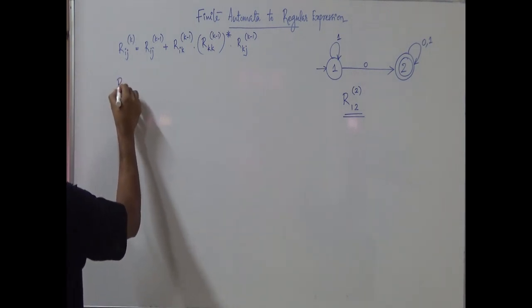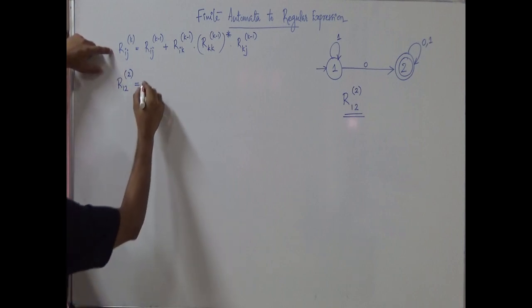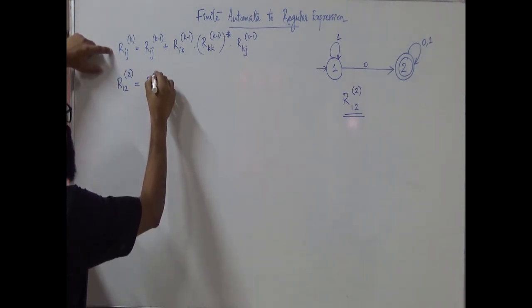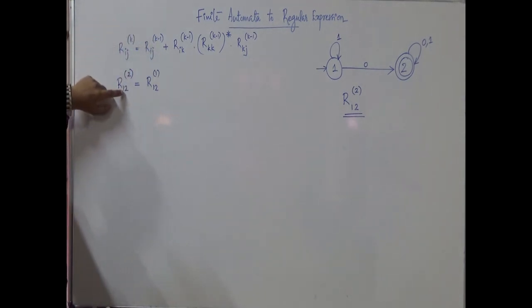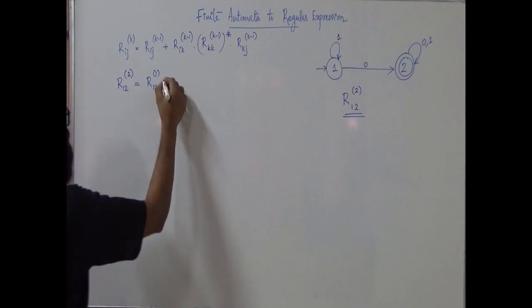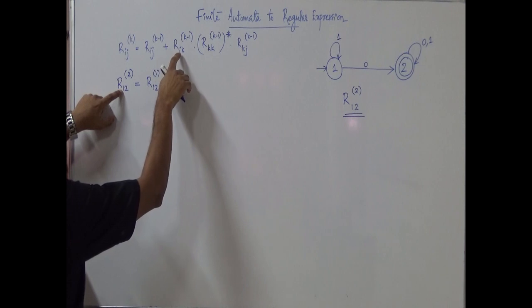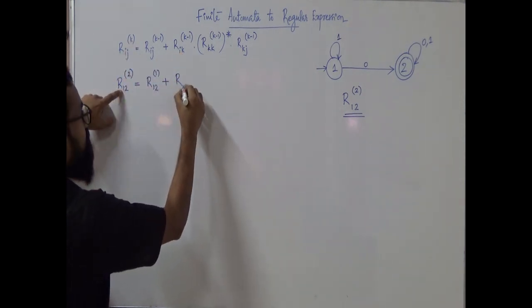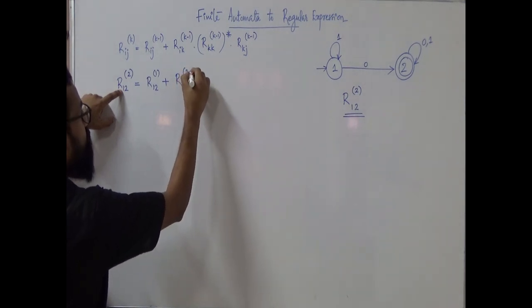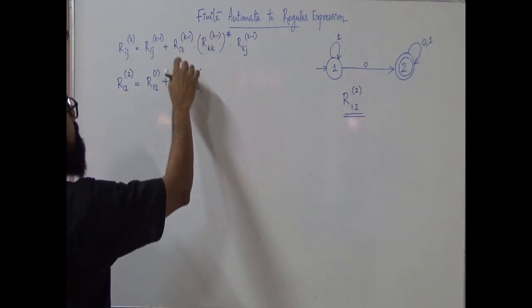So what is R12 of 2? R12 of 2 will be equal to R12 of 1, that is Rij of k minus 1, R12 of 2 minus 1, or Rik, that is R12 of 2 minus 1, that is R12 of 1, concatenated with Rkk.